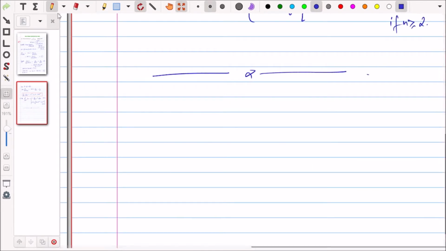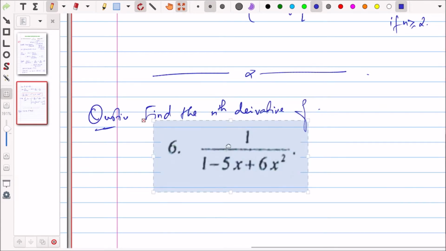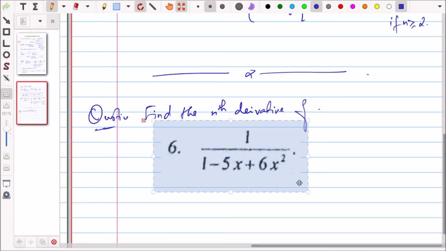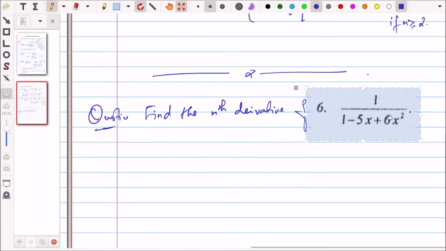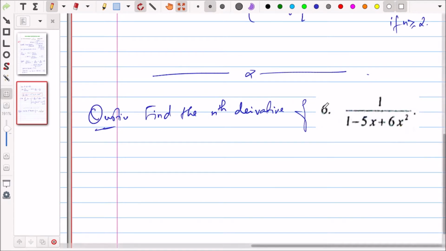Now again, question. Find the nth derivative of this. Okay.